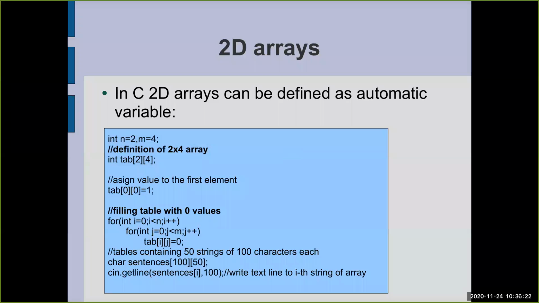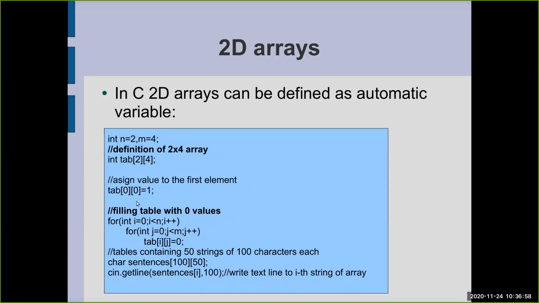Now I'd like to tell you about two-dimensional arrays. In fact, in C and C++, we have not only a single-dimensional array like tab and the number of elements, but we can create arrays of higher dimension. For example, tab 2 by 4 elements creates a matrix of 2 by 4 values.